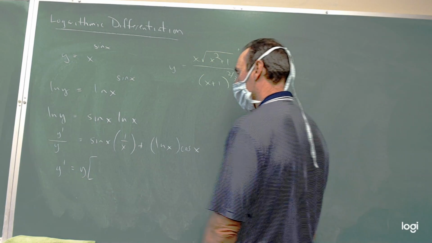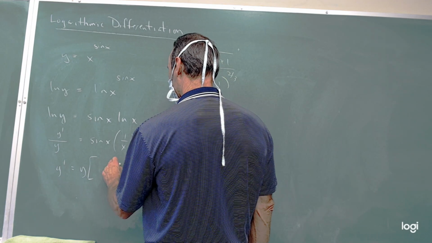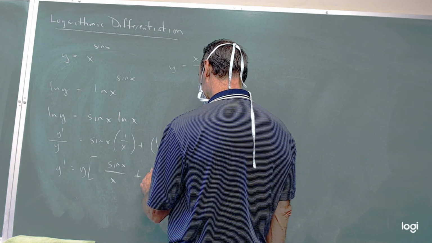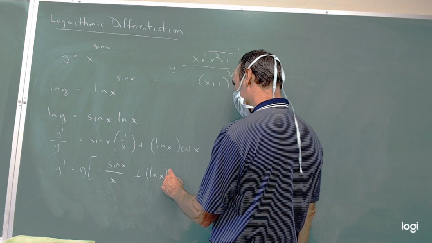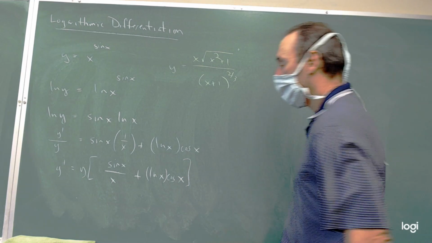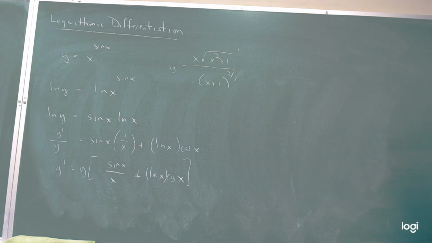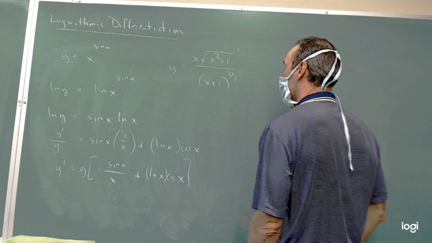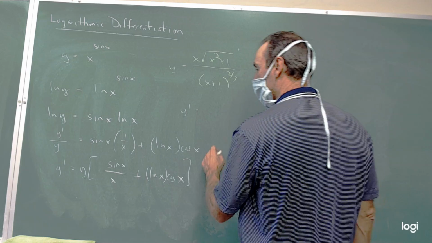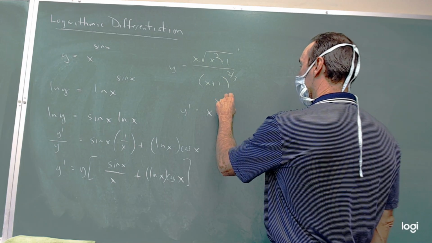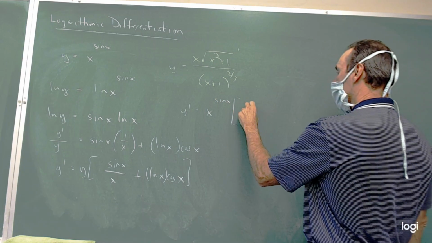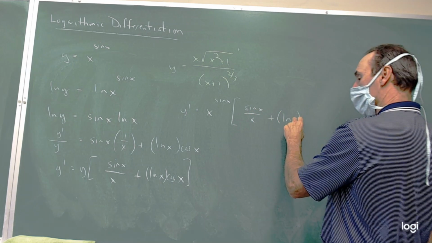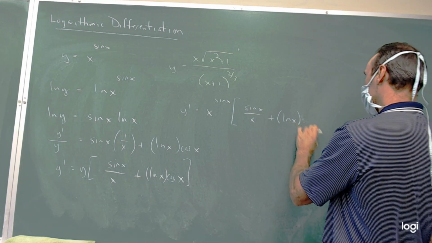And we can call it sine x over x. And then at the end we go back from the y to the x to the sine x. So finally y prime is x to the sine x times sine x over x plus natural log x cosine x.